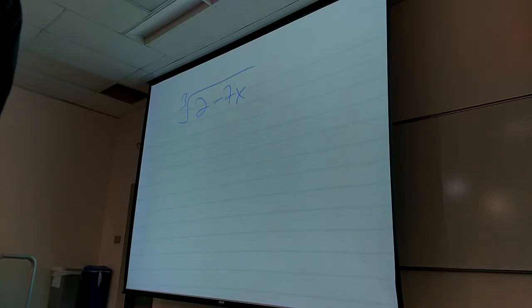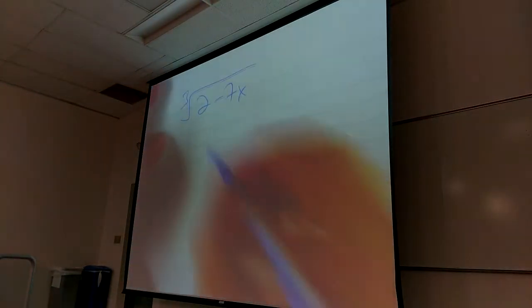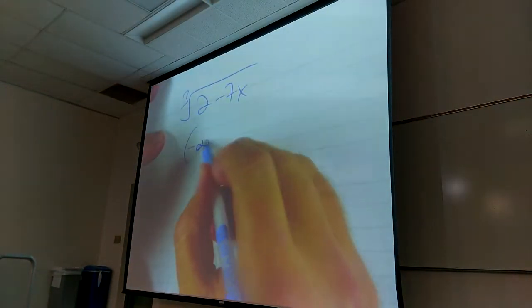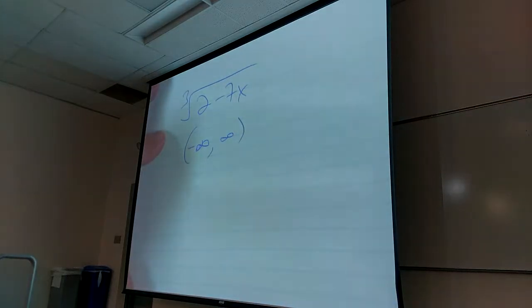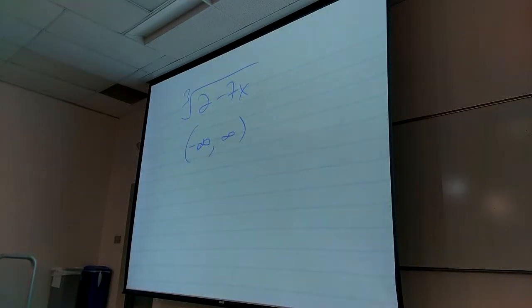It's the even roots that have to exclude entire sections of numbers. It can't handle anything that makes the inside negative. So this would almost always be negative infinity to infinity. I don't know, guys, your infinity sometimes is just an 8 that kind of fell over a little bit.